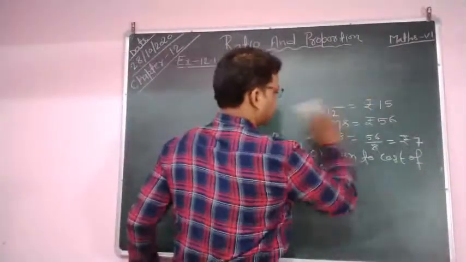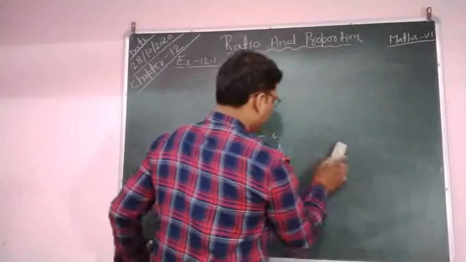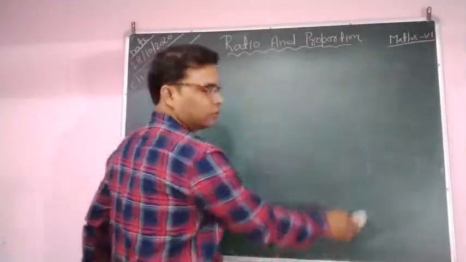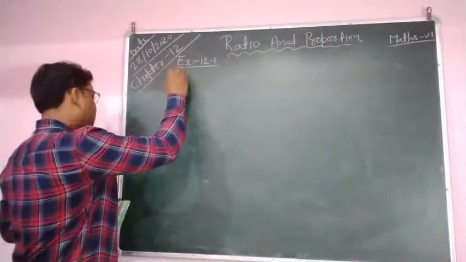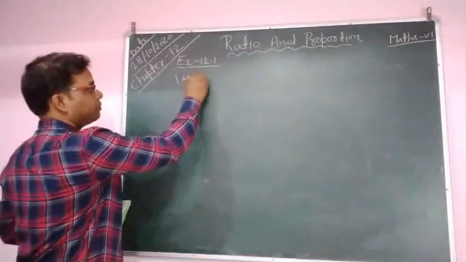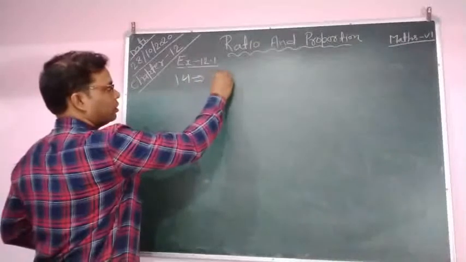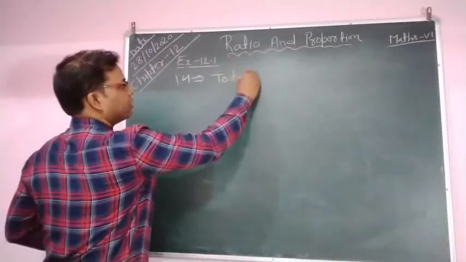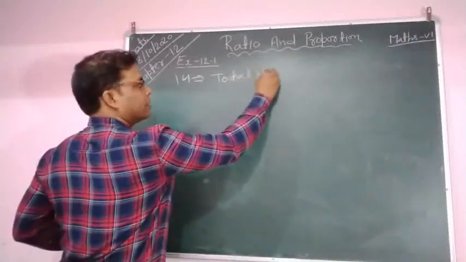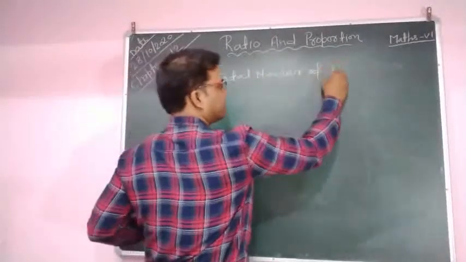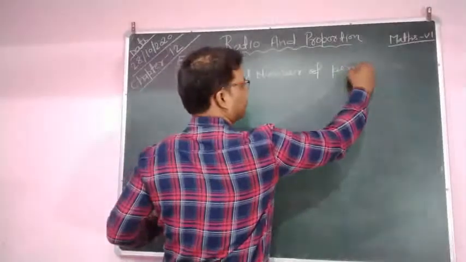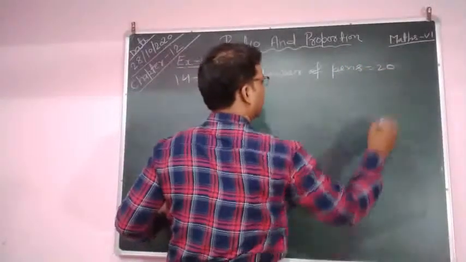In this question, the total number of pens is given: 20 pens. This is question number 14. We write here: total number of pens is equal to 20.